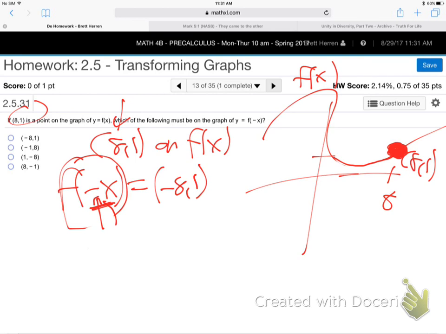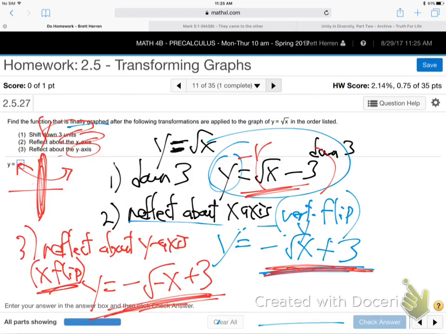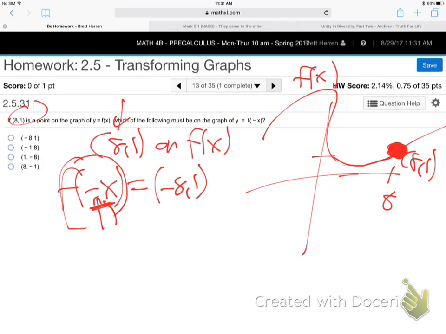Good question, I'm with you. The difference for that example is the whole problem was about changing the whole equation. Every step, they said, do this to the equation, do that to the other thing. On this one, I'm just moving a single point. I'm just saying, where does the point 8, 1 go? When you do this, it just changes the sign on the x. That's all that does.